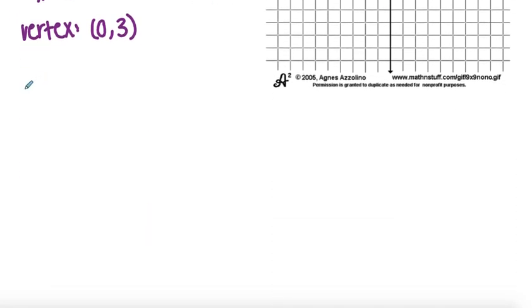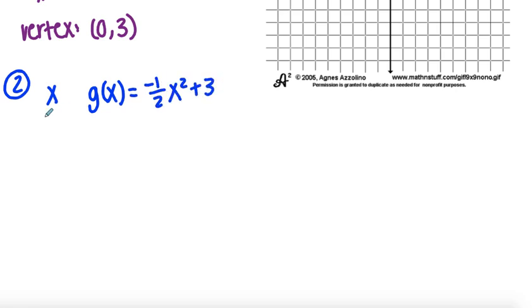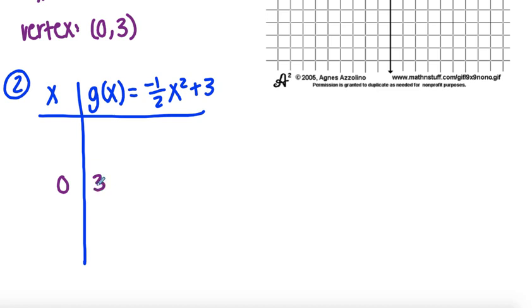And then next, I need to put this into a chart so I can get some other points. So I'm going to put my vertex in the middle. And then 2 points above and below my x value here will be negative 1, negative 2, 1, and 2.